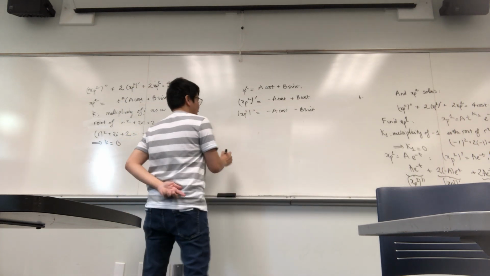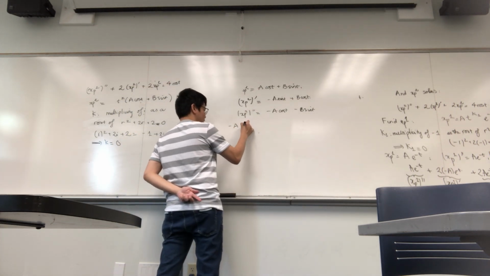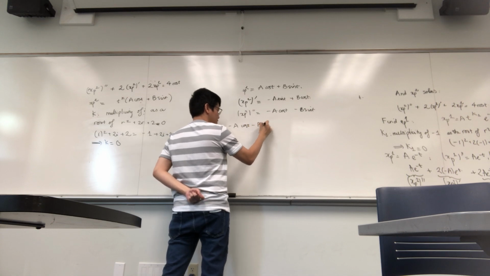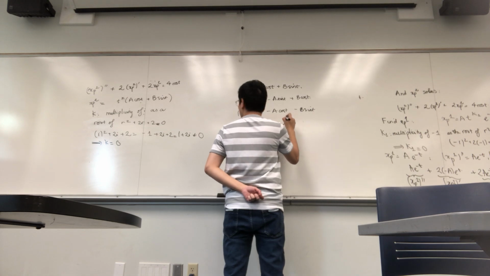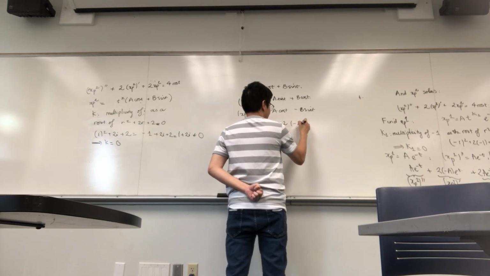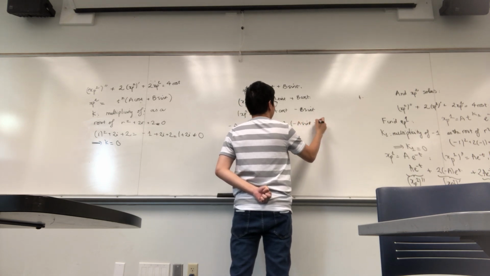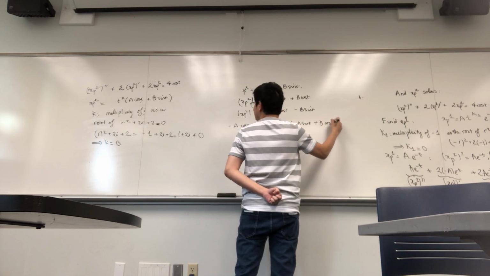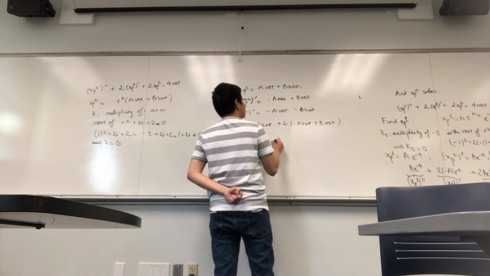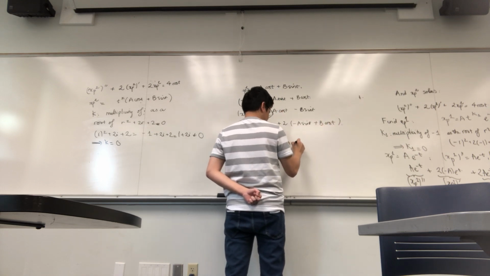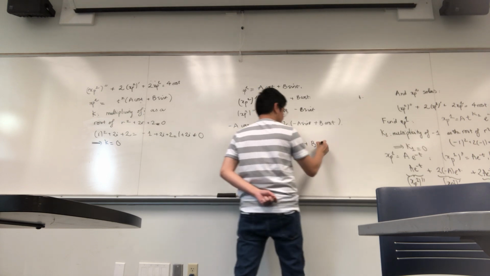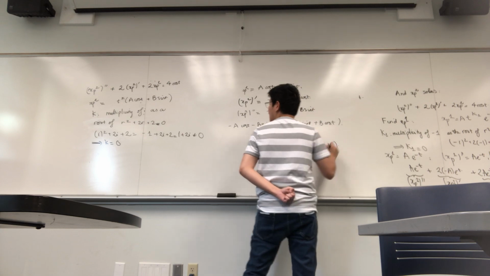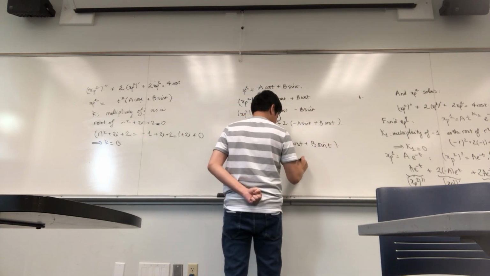I'm going to put them back into the equation. I have minus a cosinus t minus b sinus of t, plus 2 times minus a sinus of t plus b cosinus of t, plus 2 times a cosinus of t plus b times sinus of t, and this is 4 times cosinus of t.